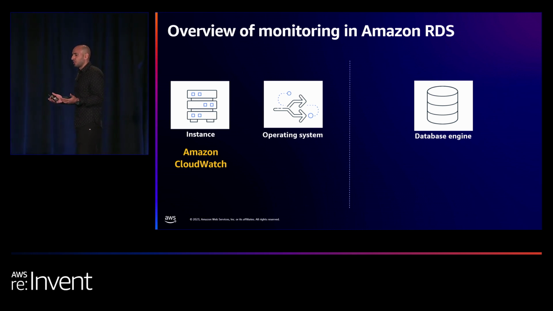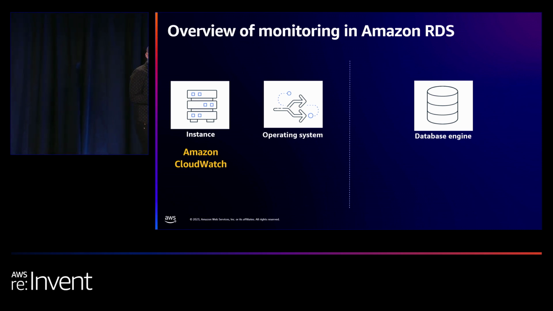And it allows you to monitor all of your AWS resources and your entire application stack. With Amazon CloudWatch, you can also monitor instance level metrics in Amazon RDS, such as CPU utilization, storage throughput, storage IOPS, network utilization, and dozens of other instance-level metrics.